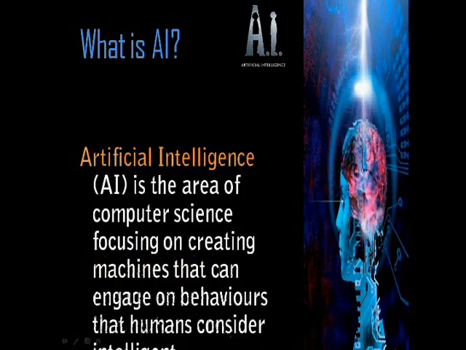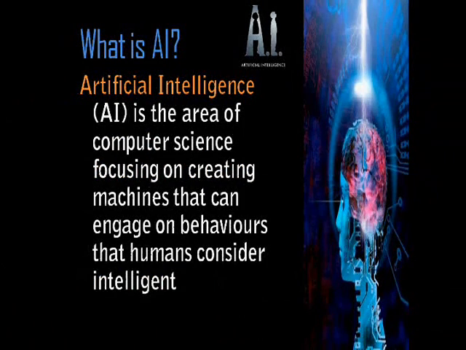What is artificial intelligence? AI for short. Artificial intelligence is the intelligence of machines and the branch of computer science that aims to create it.